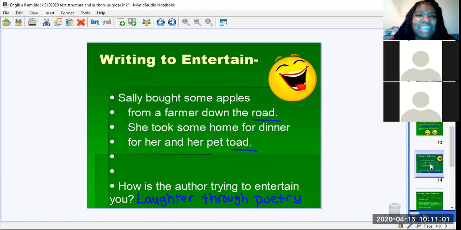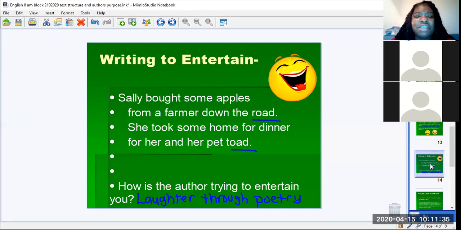Now, first of all, what kind of passage is this? This is a poem. So the question I have is, how do we know that it's a poem? It rhymes. 95% of poems rhyme. The other ones, they don't. So just keep in mind that you do have some poems that don't rhyme, but they fall with different stanzas and different types of beats and rhythms and things of the like.